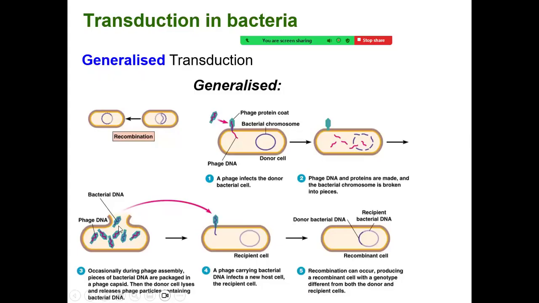And then when this virus replicates, it will fuse with a recipient cell, meaning the cell that the virus normally infects, and it will inject its genome into the cell. But this is not virus DNA, it's DNA of this chromosome.